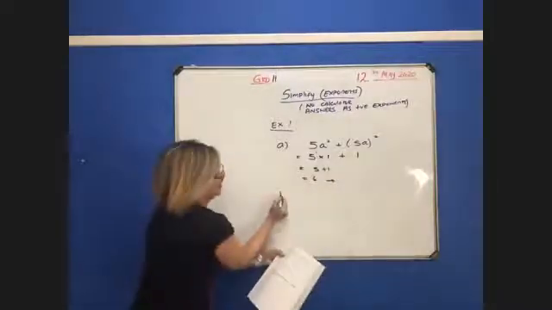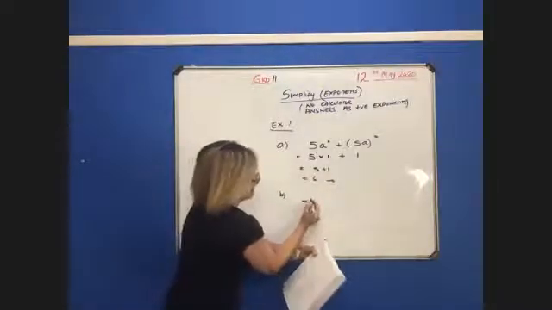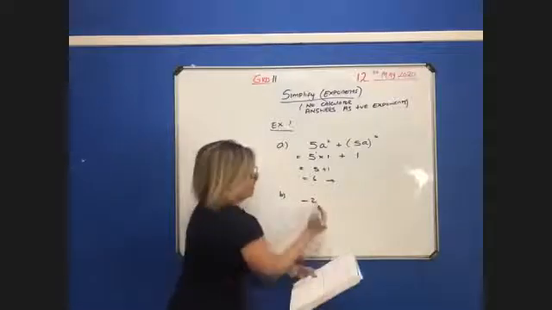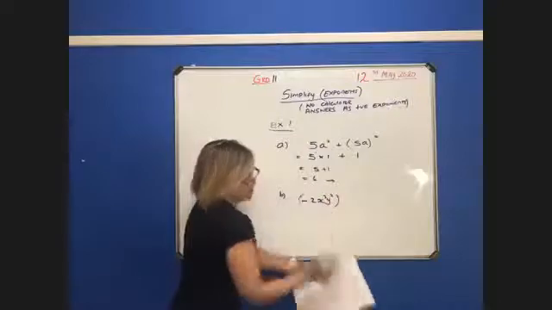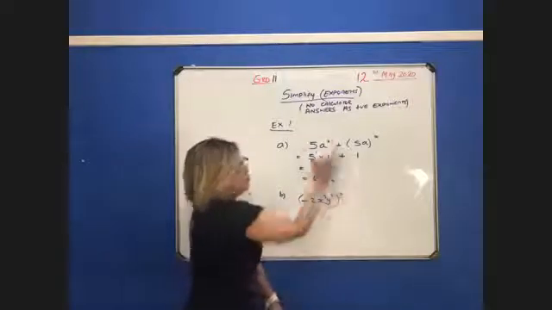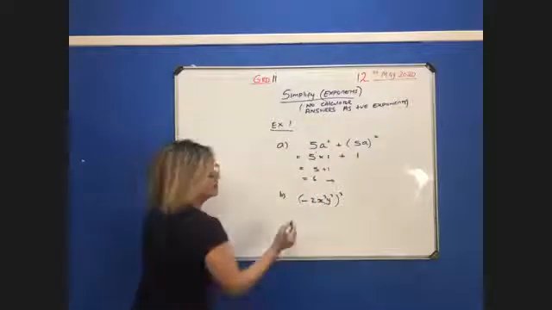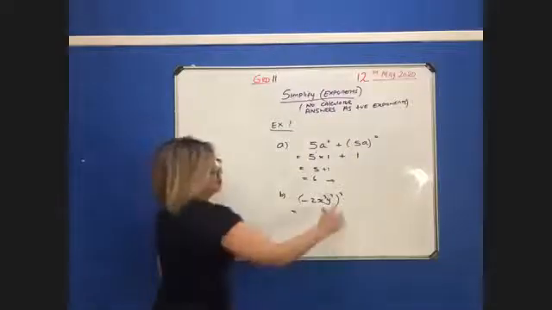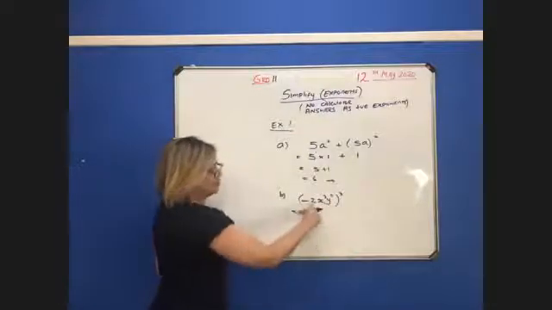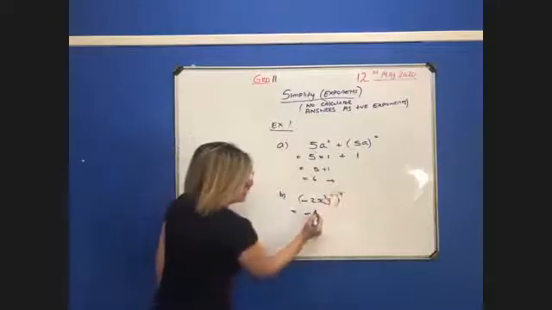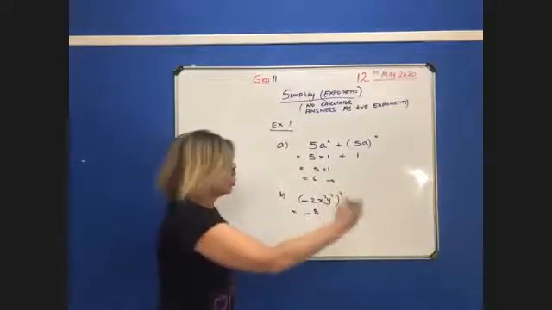If I look at number B, we have minus 2, x to the exponent of 3, y to the exponent of 2, raised to the exponent of 3. This is all grade 9, guys, even grade 8. Any negative raised to an odd exponent will stay negative. 2 to the exponent of 3 is 8, because it means 2 times 2 times 2.